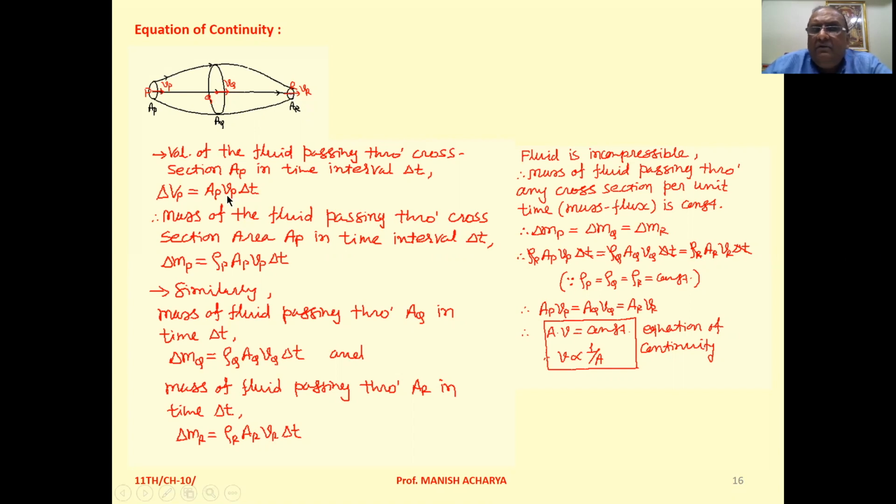Now, if we think about the volume of the fluid passing through this cross section AP in a small time interval delta t, then the fluid passing through this cross section with velocity Vp in time interval delta t will be accommodated in the tube having length equal to Vp into delta t.